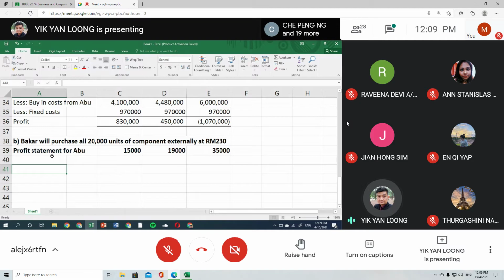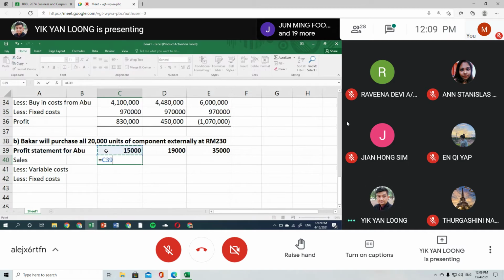The profit statement for Abu will be based on the external sales only. So this is very easy. It will be sales less variable cost less fixed cost. Right? How much sales he can make? This will be 15,000 units. Now the market selling price is 300, right? So I multiply by 300.